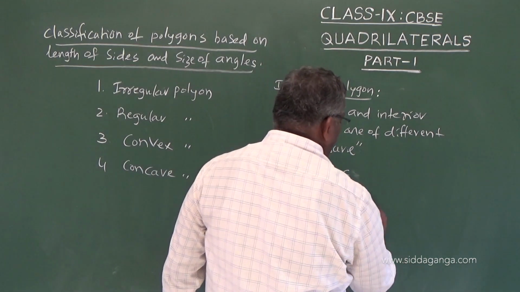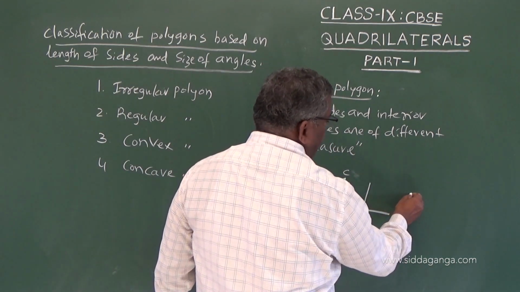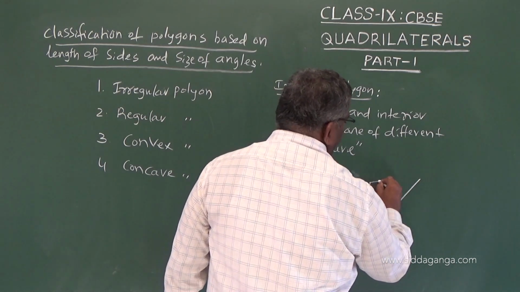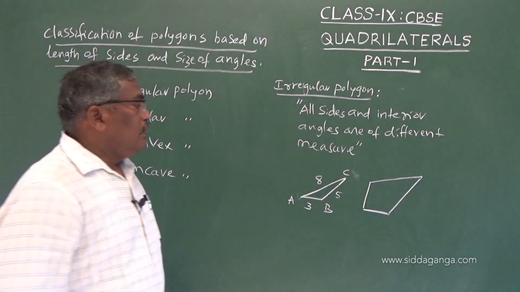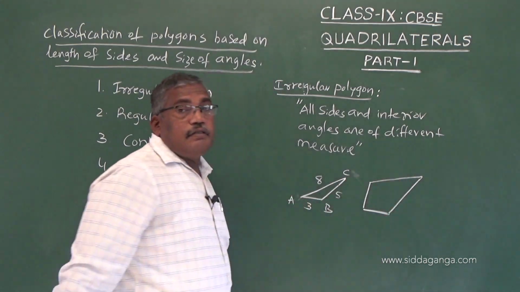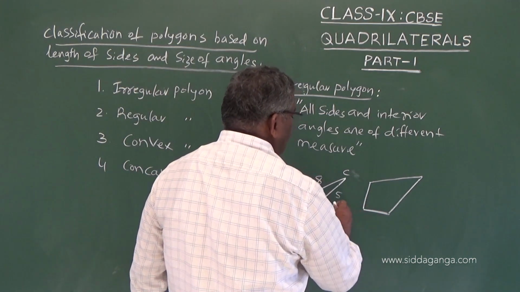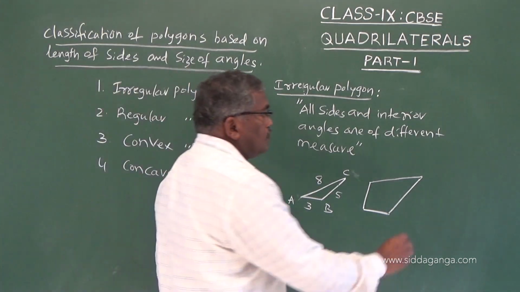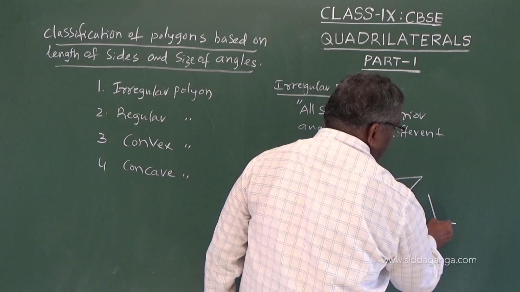I will give you an example of an irregular quadrilateral. Let us say a figure of this kind. At the outlook we can see it has different lengths and different angle sizes. So this is an irregular quadrilateral. You may have a pentagon of this kind.